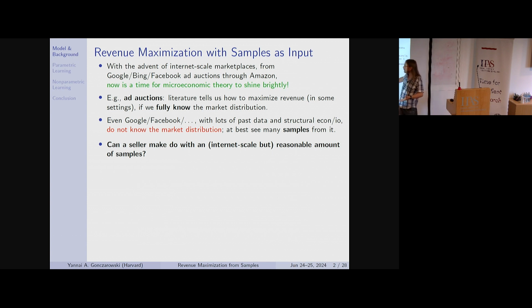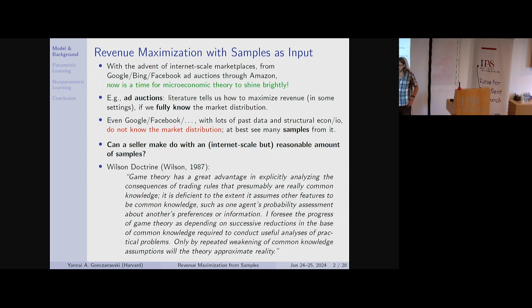I'm presenting this as if it's a very new thing, but the sources of the discomfort with a perfect prior, of course, go way back to Wilson, even to Hurwicz to some extent. And Wilson, Bob Wilson in '87, in a paragraph that has become known as the Wilson Doctrine, tells us: game theory has a great advantage in explicitly analyzing the consequences of trading rules that presumably are really common knowledge.